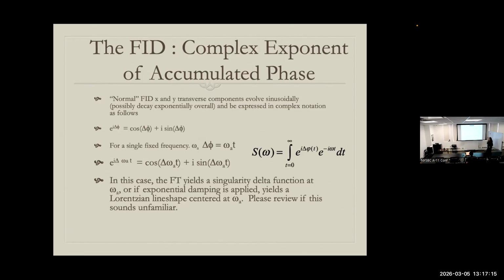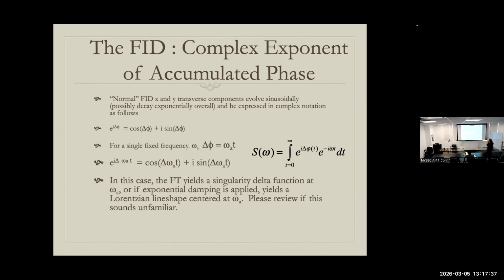But how do I formalize that? A normal FID, X and Y transverse components evolve sinusoidally, possibly decay exponentially overall as well, and that can be expressed in complex notation as follows. E to the I phase accumulation is cosine of phase accumulation plus I sine of phase accumulation. That is something you did a month ago.